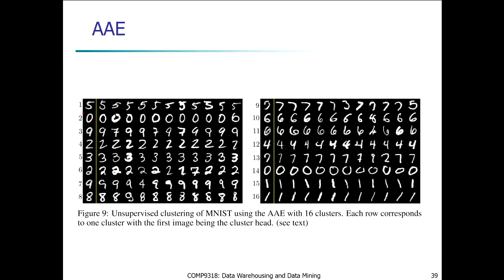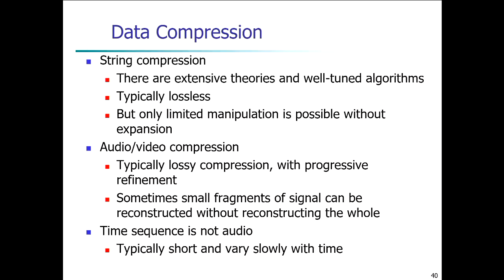You can see each row is a cluster. There are some errors, for example this 3 looks very similar to 5. But you can see there is great variance in terms of width, shape, and so on and so forth, and this method can still find the clusters reasonably well. Okay, that's all I want to talk about for the data reduction part.